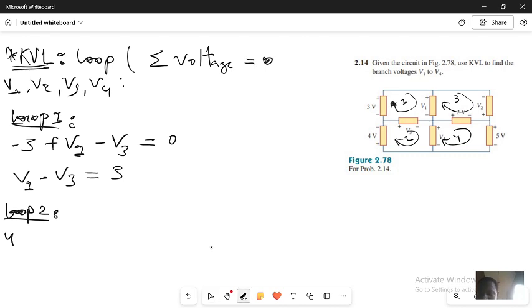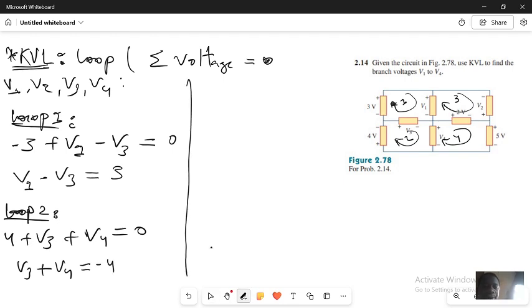This arrow is coming in this positive, plus V3. Here, I continue the arrow, I come here, it's going to be plus V4 equal 0. Now I will have V3 plus V4 equal, this plus 4 is coming in this side, is going to be minus 4. I have this equation again.